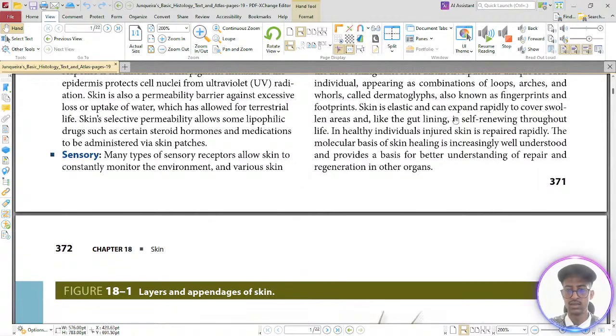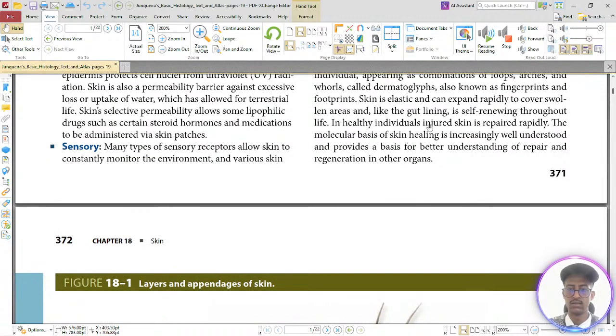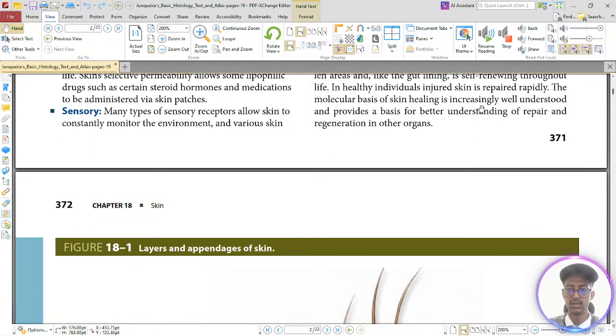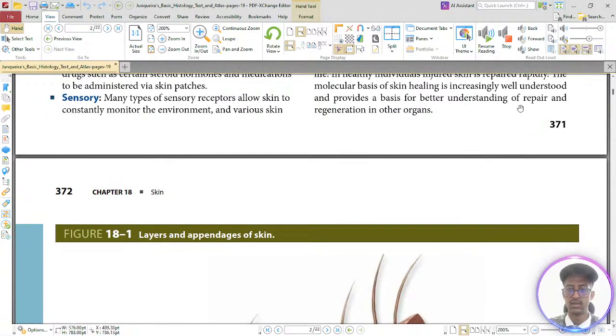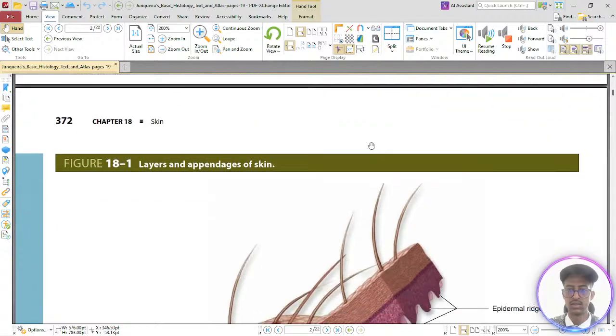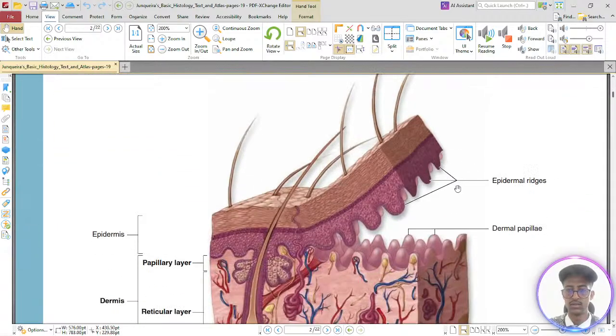Skin is elastic and can expand repeatedly to cover swollen areas and, like the gut lining, is self-renewing throughout life. In healthy individuals injured skin is repaired rapidly. The molecular basis of skin healing is increasingly well understood and provides a base for better understanding of repair and regeneration in other organs.